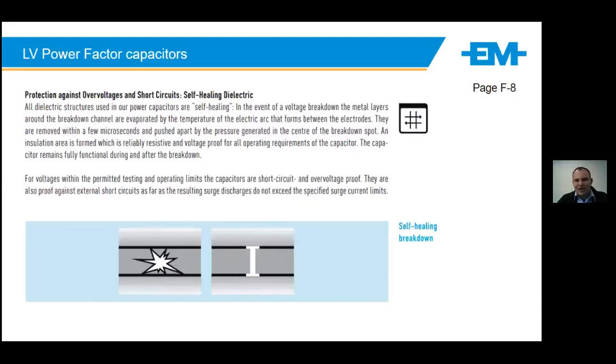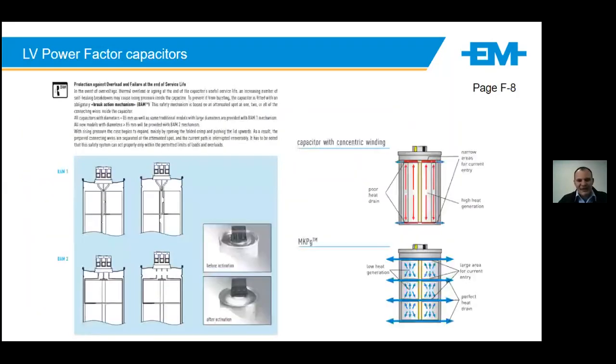So when there's an occurrence and the voltage breaks down between the channel, this will release a type of short gas burst, or whatever we want to call it, and that spot will fuse closed basically. So that's what capacitor manufacturers would refer to as self-healing. Now, as with any capacitor, the self-healing event can only occur so many times.